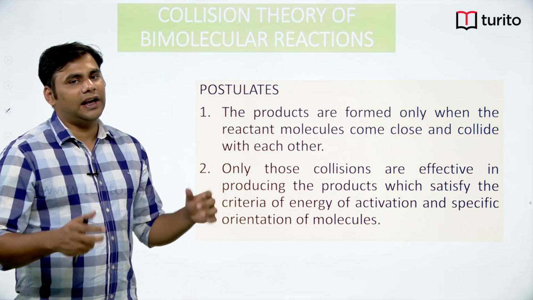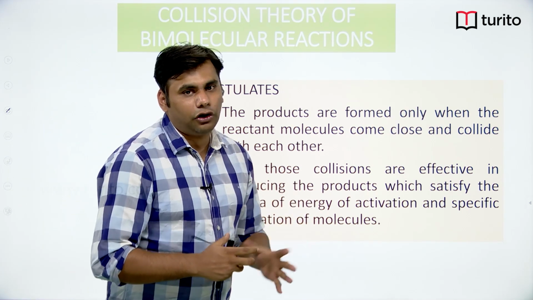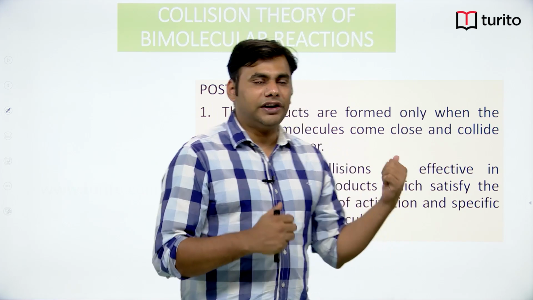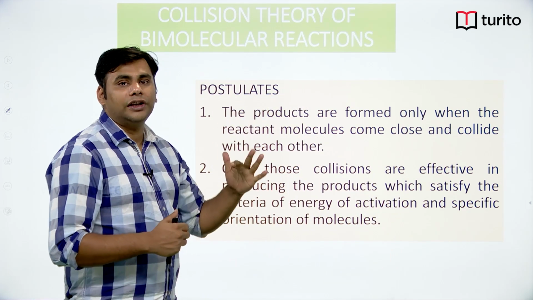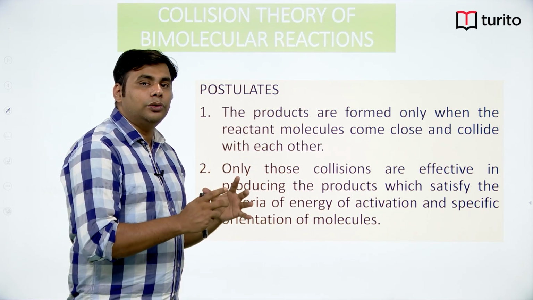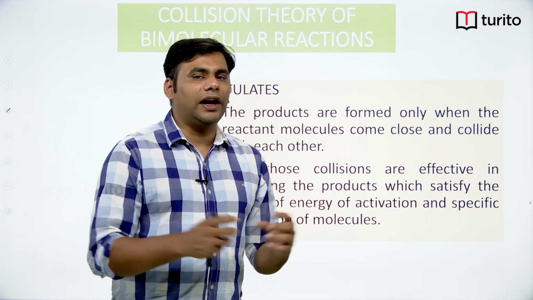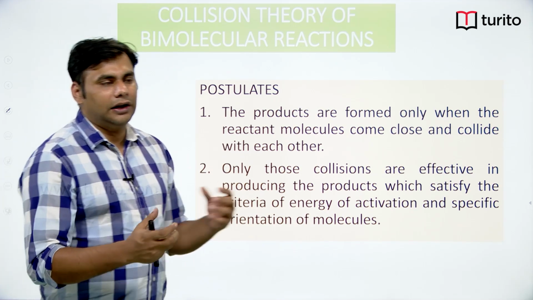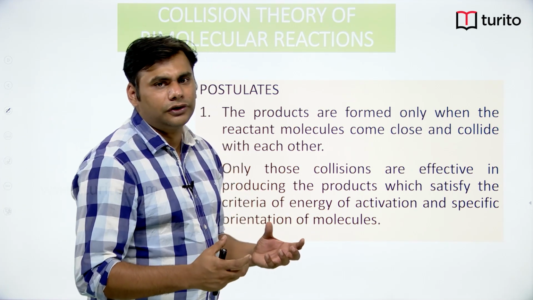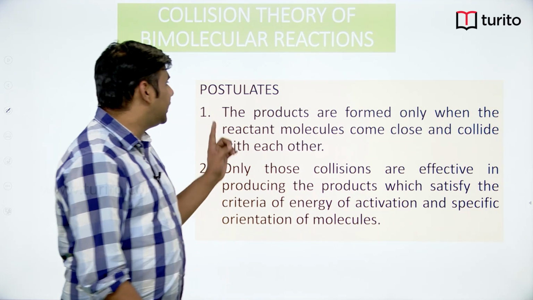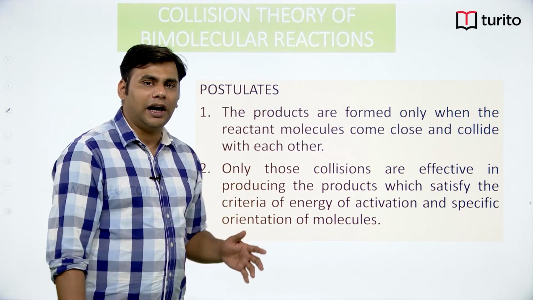We were just saying that reactions are always a result of molecular collisions. The postulates of collision theory: firstly, we assume the atoms or molecules to be hard spheres, so while colliding there will not be any deformation of their shapes.